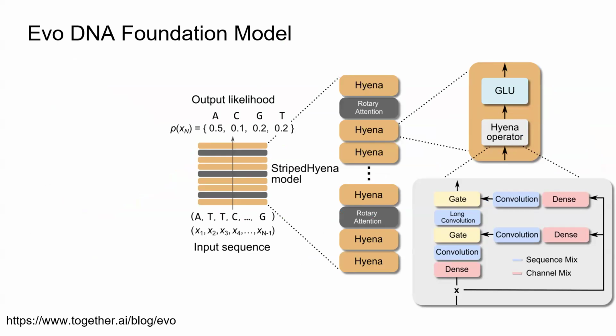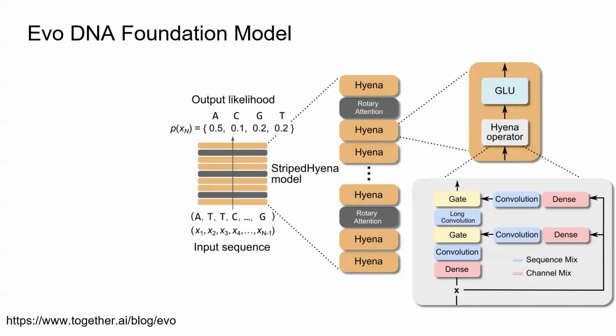This is a paper that came out pretty recently, called Evo DNA, and it's another DNA foundation model. It's building on the Hyena architecture, and I think it has a bit of a different gating structure, although maybe not. I need to go through it.